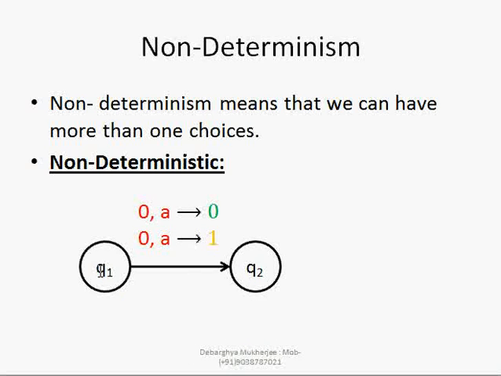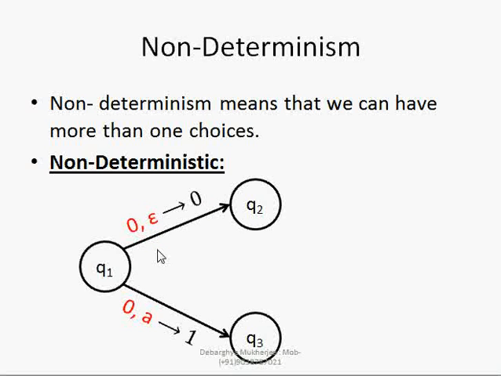We are coming from Q1 to Q2, but if we watch the input symbol and the top of the stack, it is also non-deterministic in nature, because as you can see, if we have 0 in our input string and A is our topmost element in the stack, then we are going to replace A by 0, and in the second delta or transition rule, we are defining that we are going to replace it by 1. So this is non-deterministic in nature.